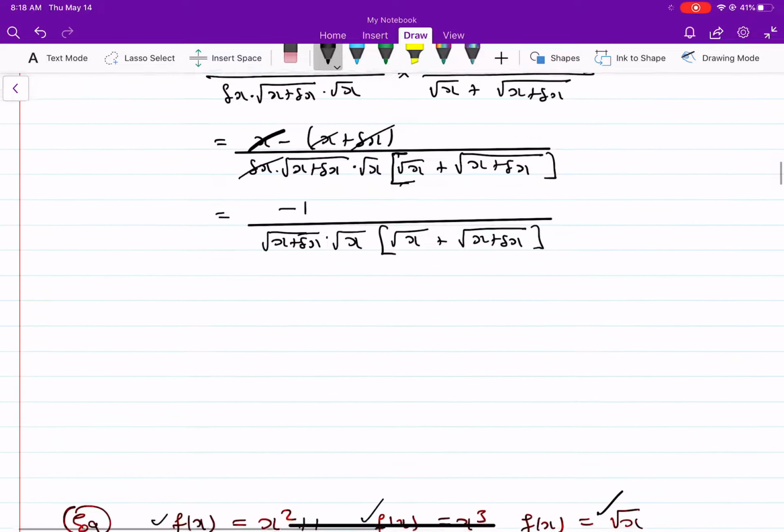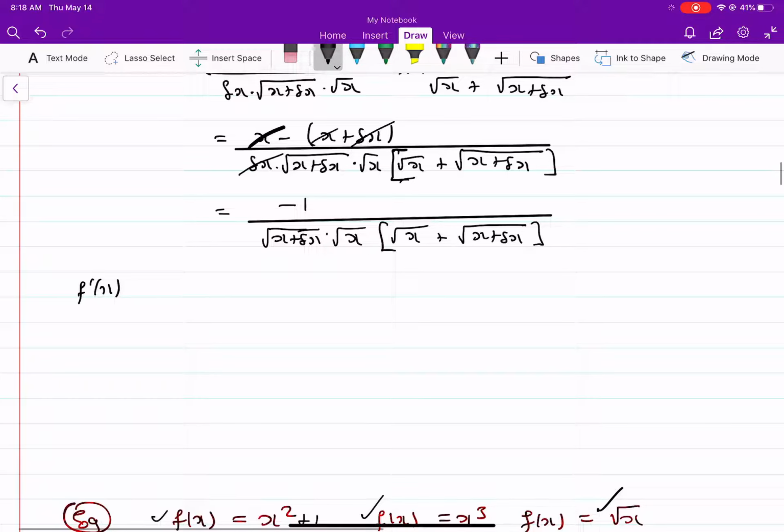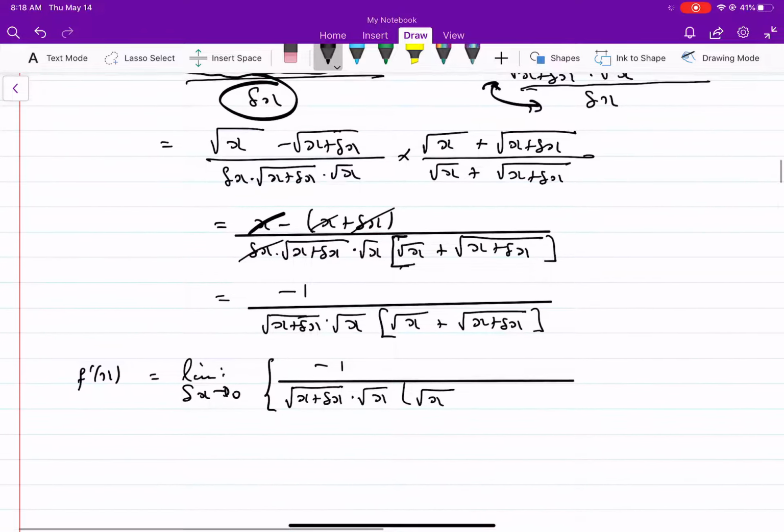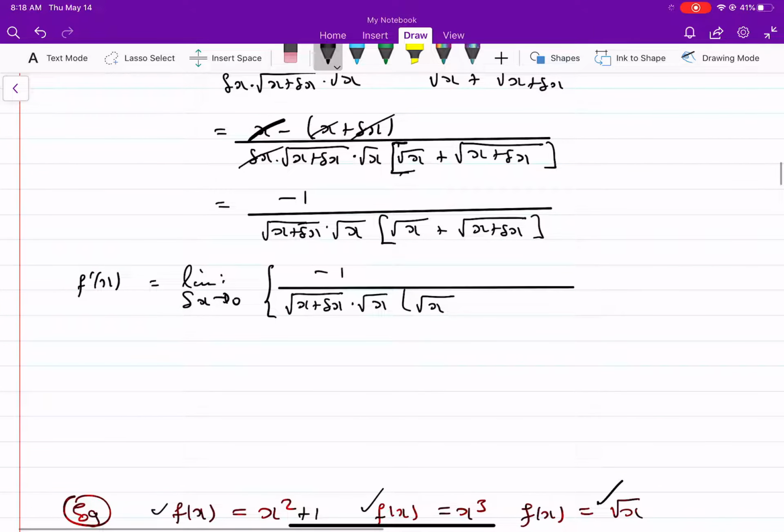And therefore f prime of x has to be equal to the limit as delta x approaches 0 of what I have left there, minus 1 all upon the root of x plus delta x times root x into the root of x plus the root of x plus delta x.